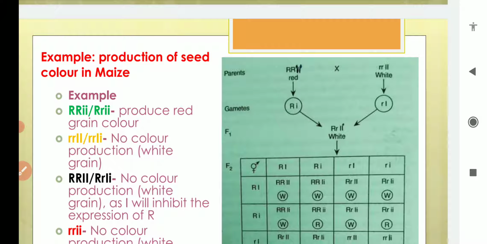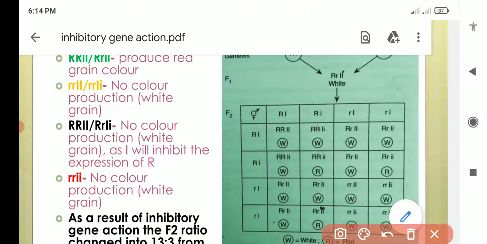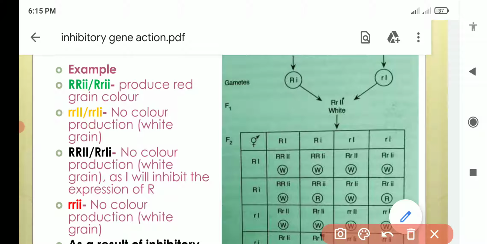inhibitory gene interaction. So we are taking the example of seed color production in maize. We have already said that whenever capital R and capital I are present together, no color production will be there because of the inhibitory gene interaction between R and I. When R alone is present, it will produce red grain color.